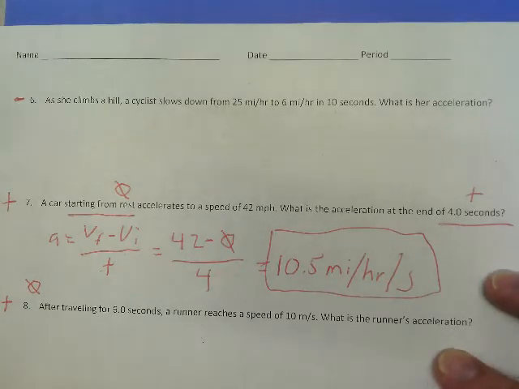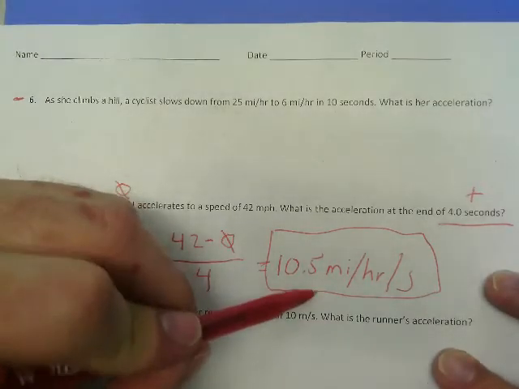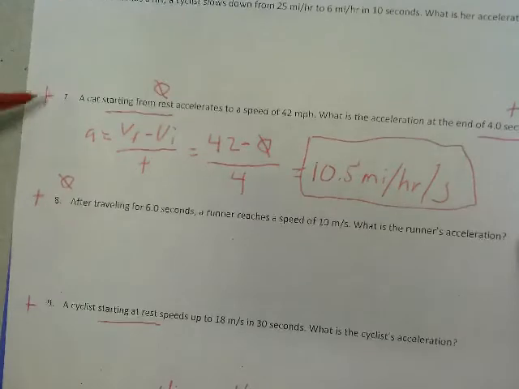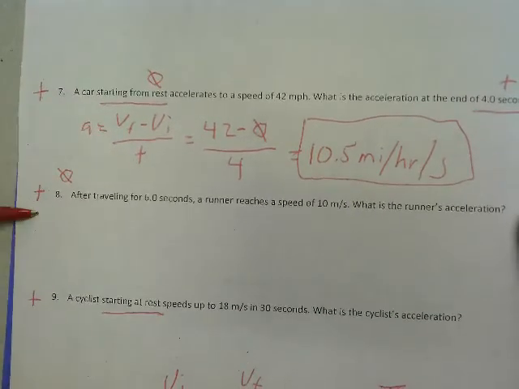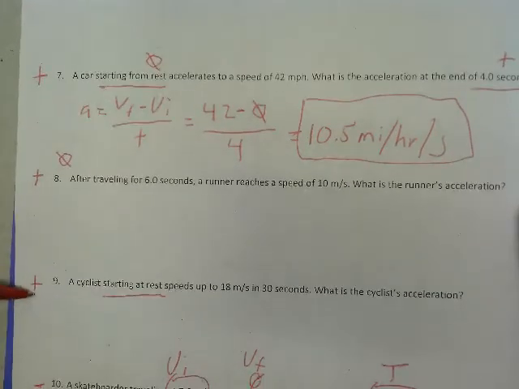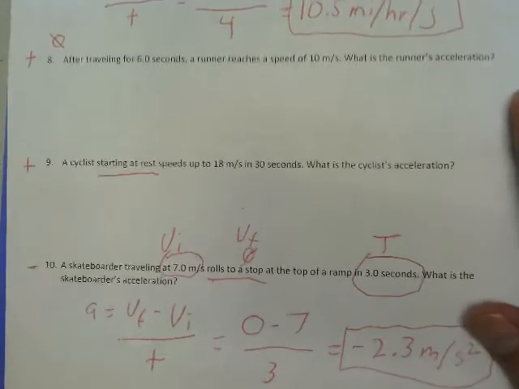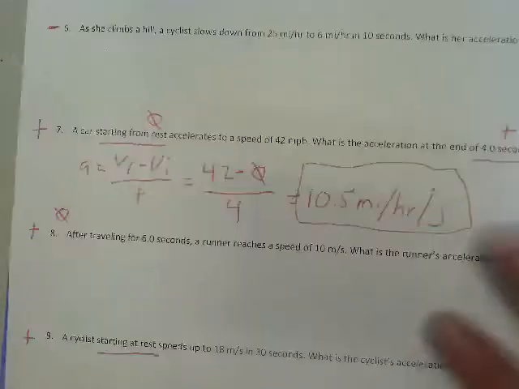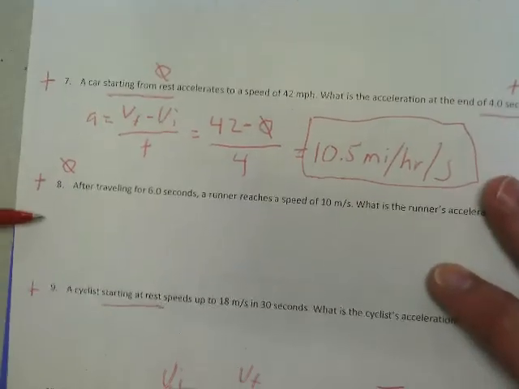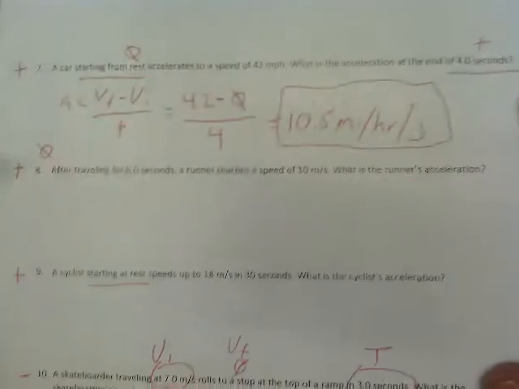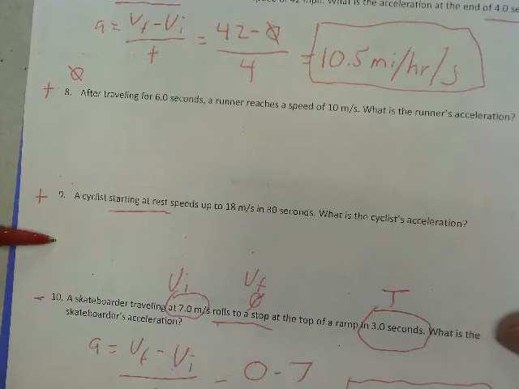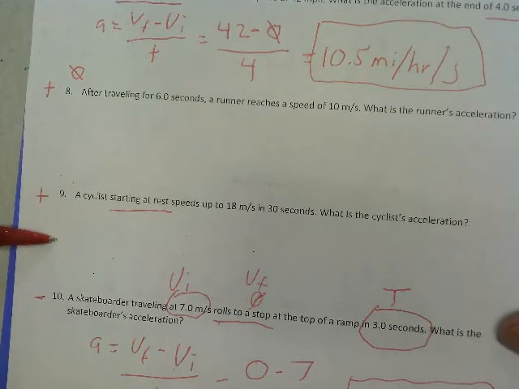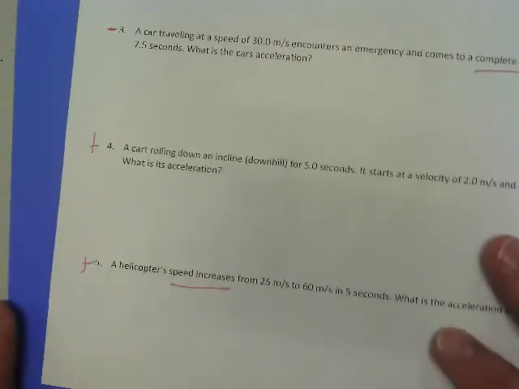And remember, its unit's going to look like that. 7 was positive, 8 was positive, 9 is positive, and we did 10. So, on the back, you just need to do number 6 at the top, then number 8, number 9. So it's just 6, 8, and 9 on the back to go with the 2 through 5 on the front.